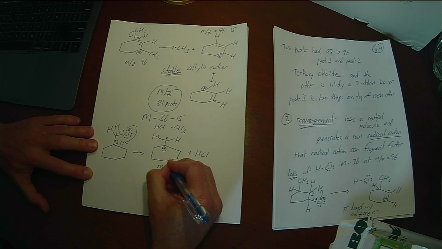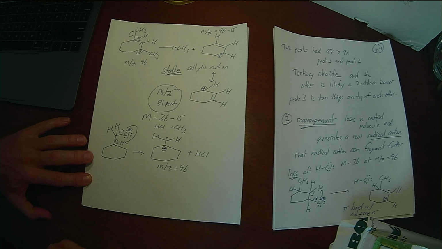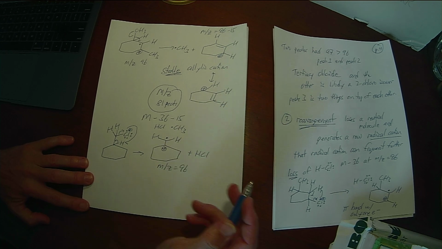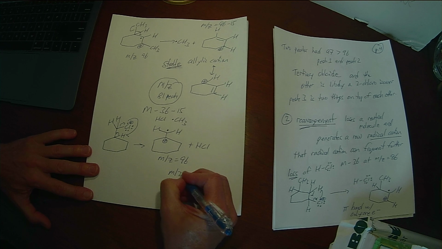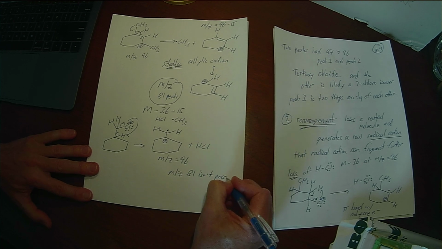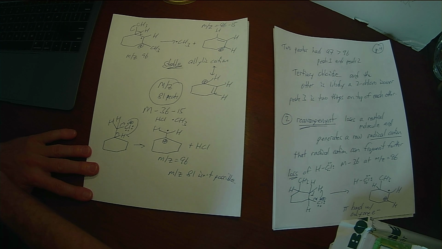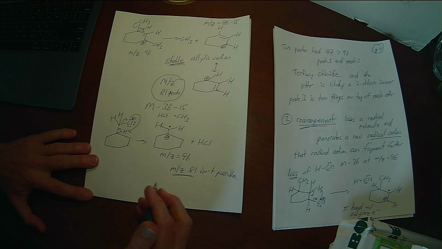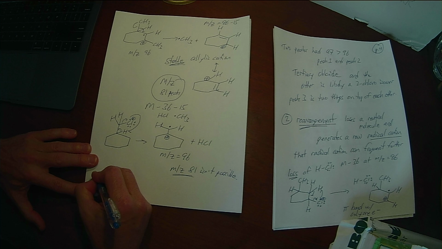So you ought to see m over z equal 96 for the primary, but you then can't lose CH3 because there is no CH3 group, so m over z 81 isn't possible. And that's what you saw for the 7th peak, right? So the absence of the m over z 81 peak is also diagnostic for the primary, in addition to the presence of the m over z 83 peak.